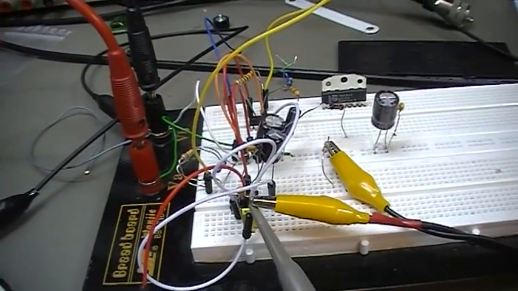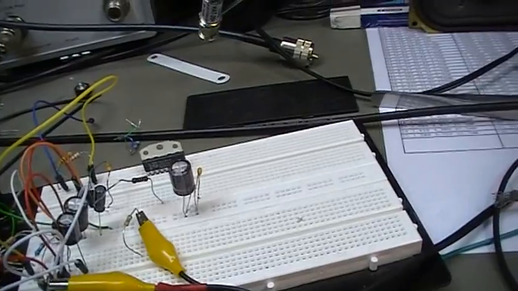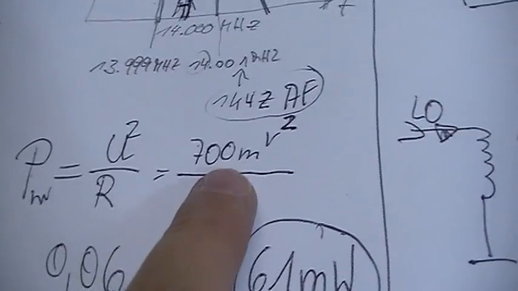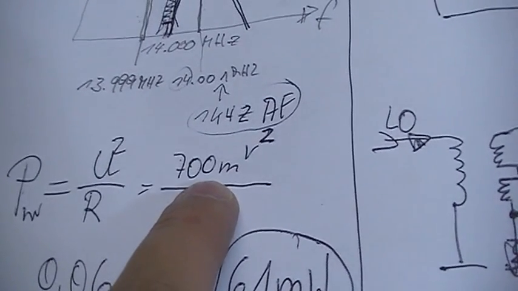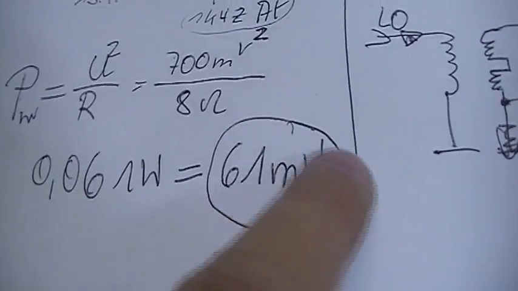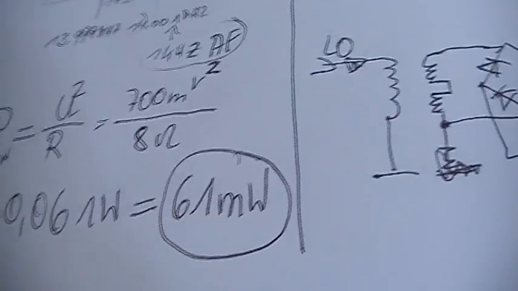As we said before, what we want to have at least is 50 milliwatt, and we made a little calculation with 700 millivolt at the output. This will be 61 milliwatt.